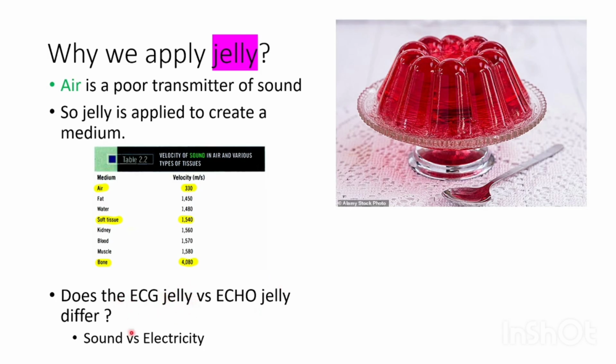So with ECG jelly we are dealing with electricity, whereas in echo we are dealing with sound waves. So there may be some difference in the jelly, but most of the time, when we're doing an echo the echo jelly may be empty, but we may have an ECG jelly at hand, so we may tend to use that.